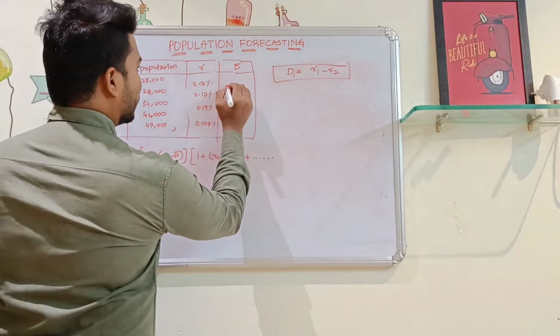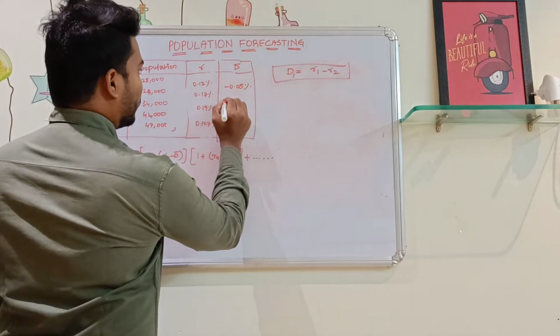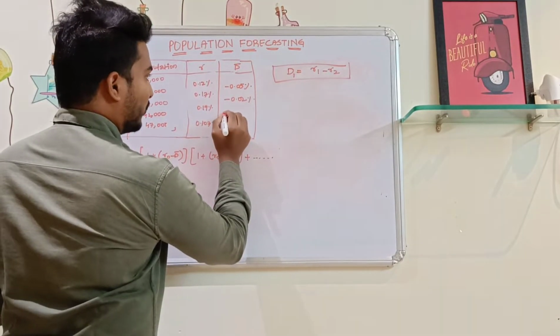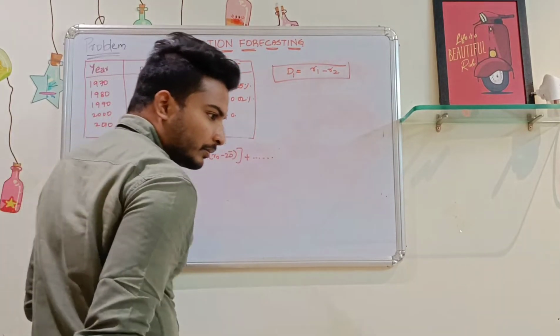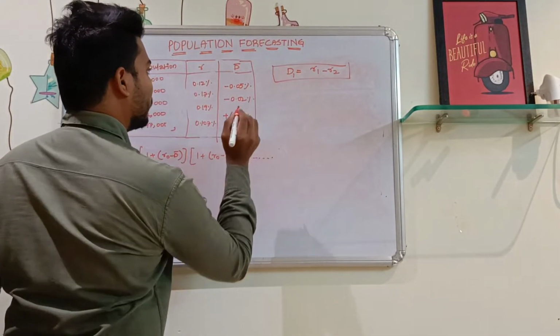So we get 0.05% minus 0.02%, and here we'll be getting plus 0.084.